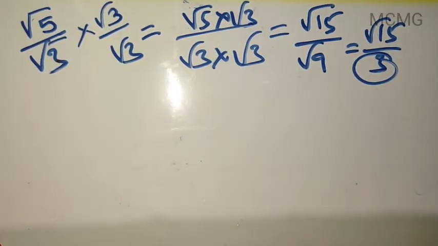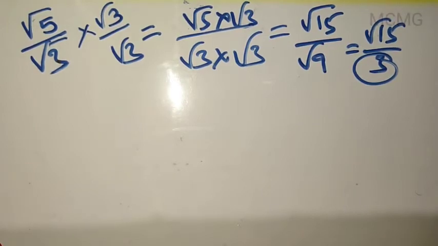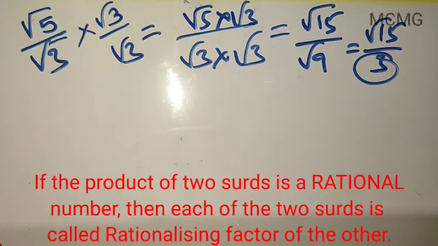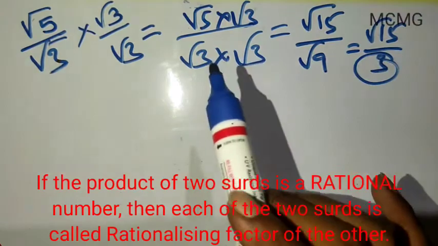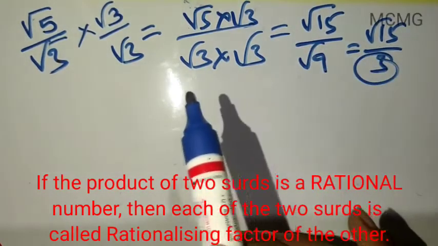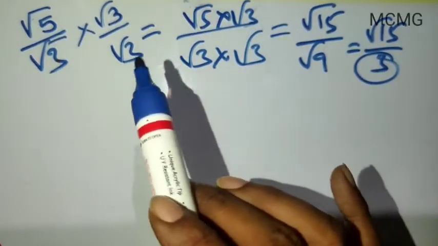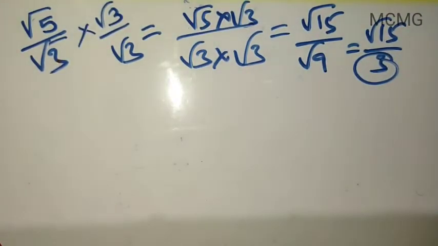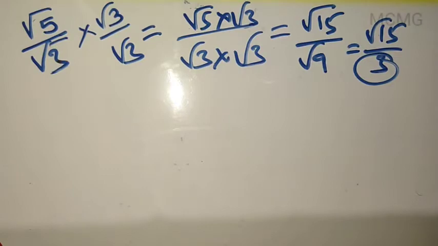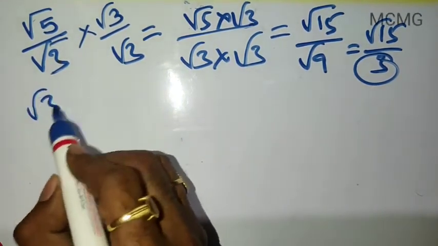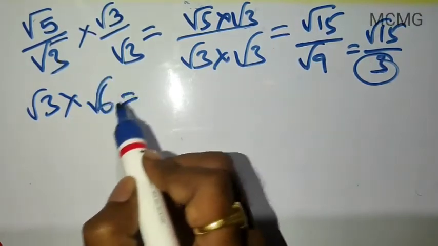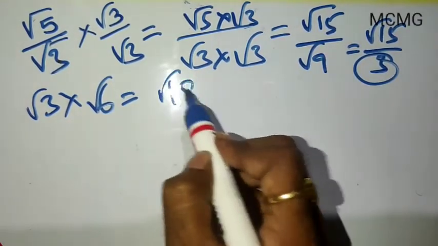So like this, when the product of two surds is a rational number, then each of the two surds is called the RF of the other. Now what is the RF of root 3? Root 3 itself. Then what is another RF of root 3? For example, if I multiply root 3 by root 6, since root 6 is a surd, I will get root 18.